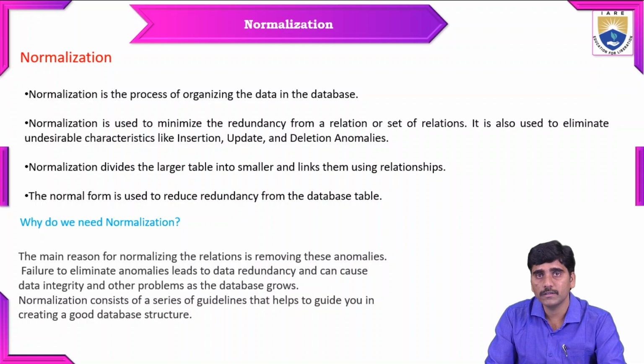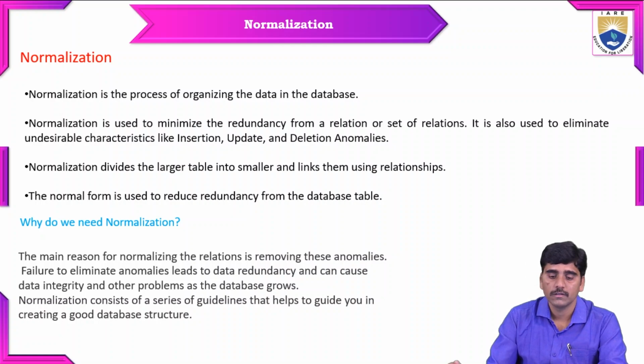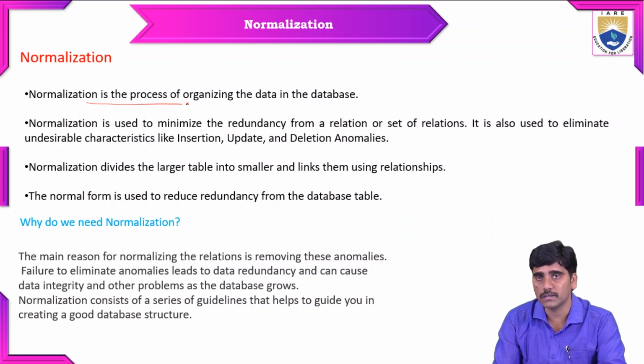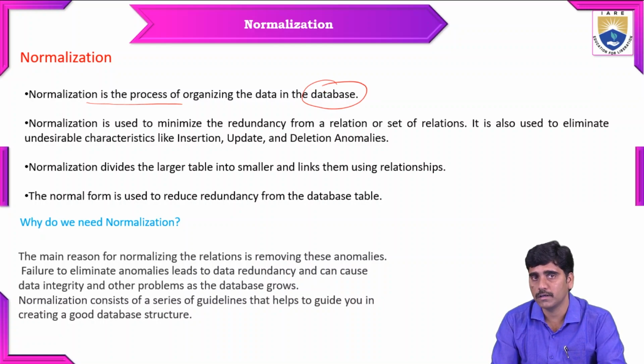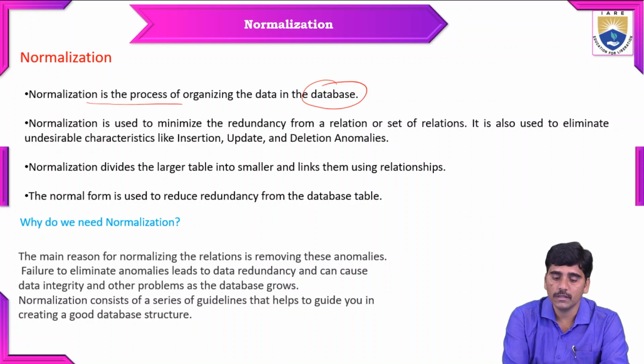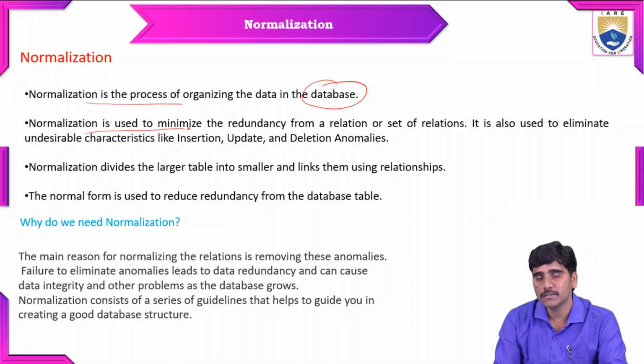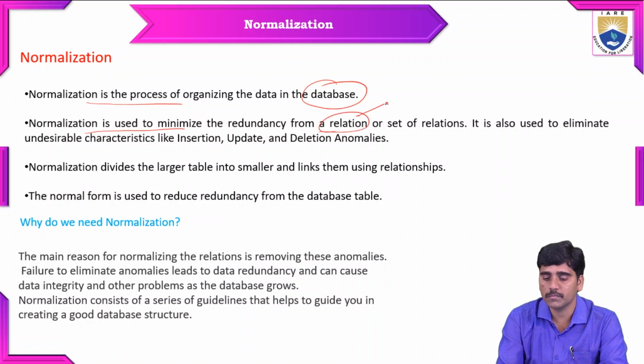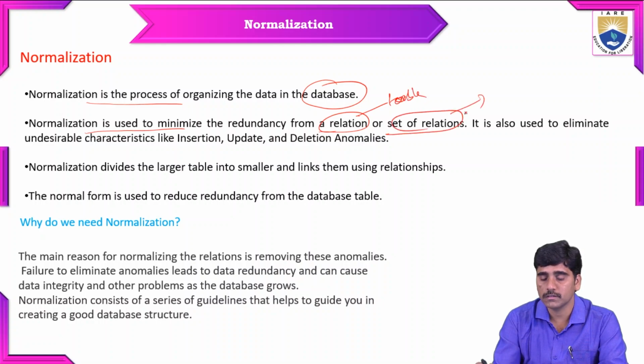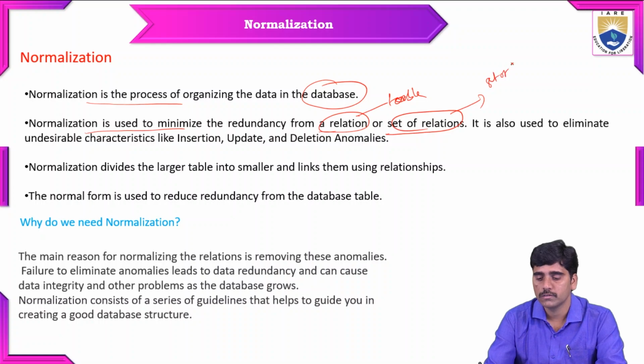So now, how are we going to perform normalization? Why do we need the normalization process? Normalization is the process of organizing the data in the database. Normalization is used to minimize the redundancy from a relation, that is a table, or a set of relations, that is a set of tables.